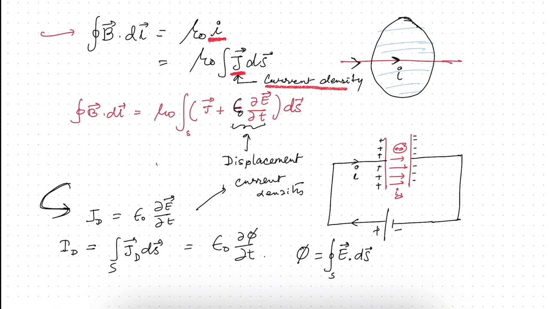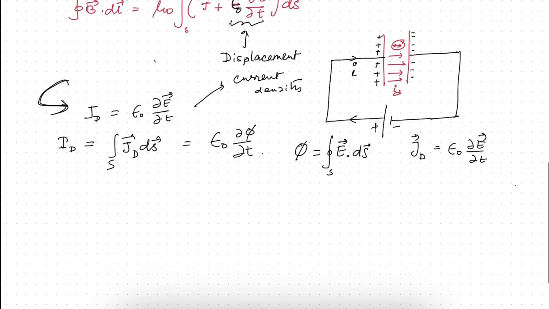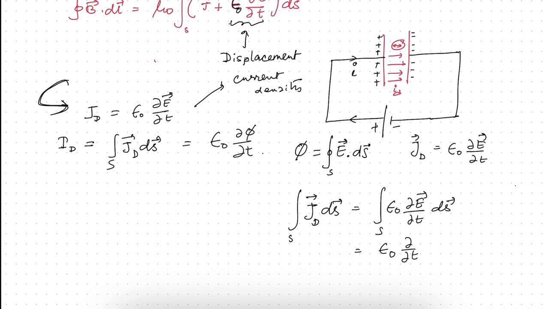J D is equal to epsilon naught del E by del t, so if you take the surface integral, then the integral of epsilon naught del E by del t dS can also be written as epsilon naught times the partial derivative of the surface integral of E dot dS.